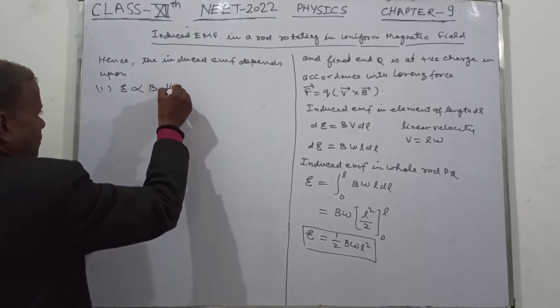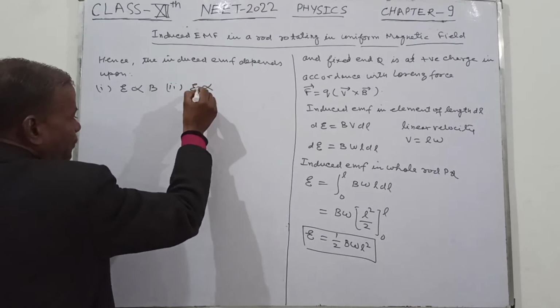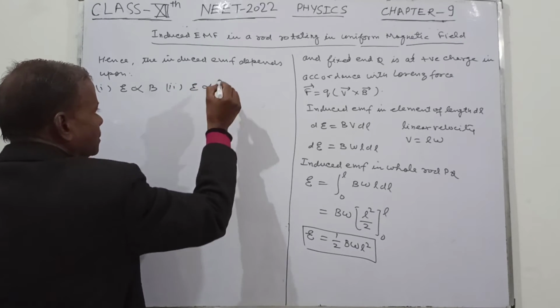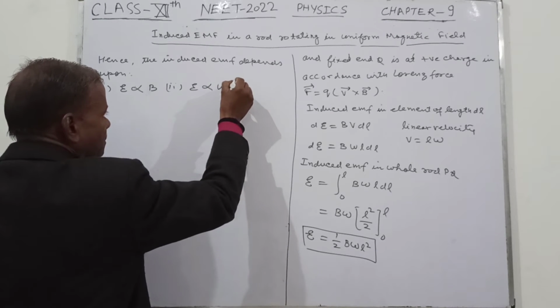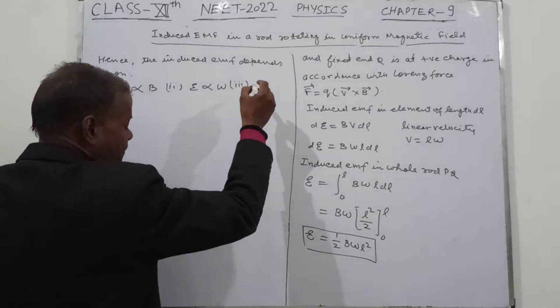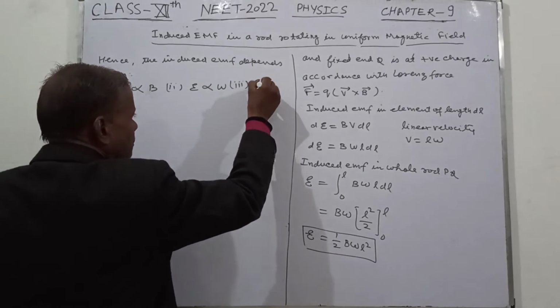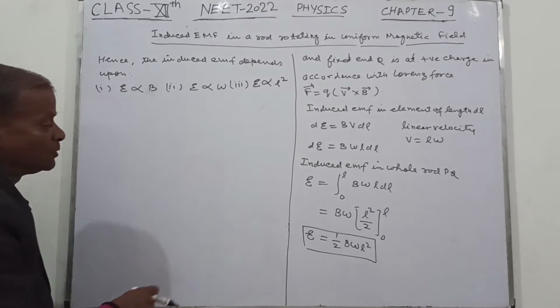Second, E is proportional to omega, the angular velocity. And third, this is proportional to L square, the length of the conductor.